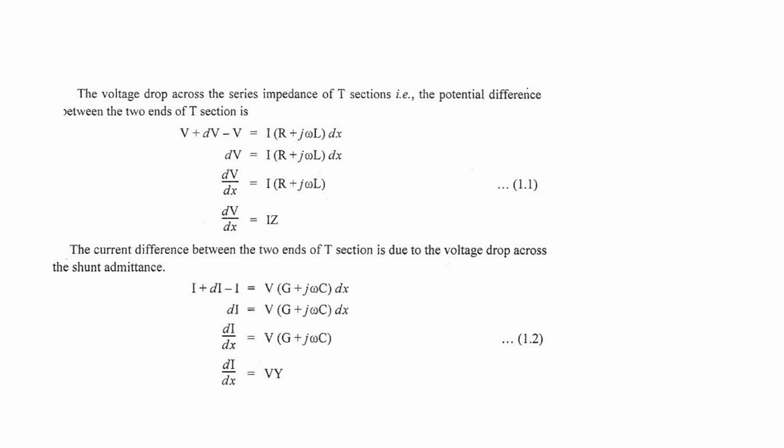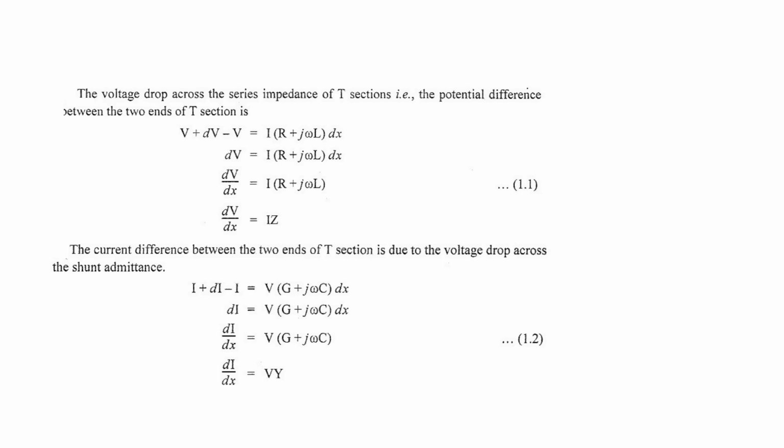By solving this, dI equals V into (G plus j omega C) into dx. Therefore, dI by dx equals V into (G plus j omega C), and this G plus j omega C is nothing but Y. So, dI by dx equals V into Y.